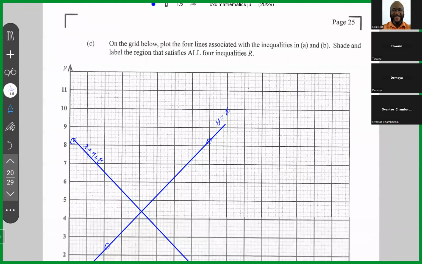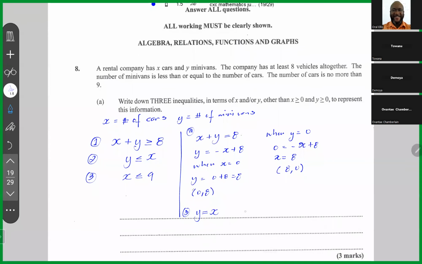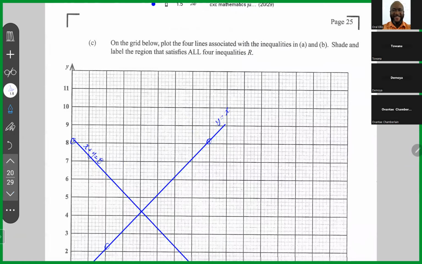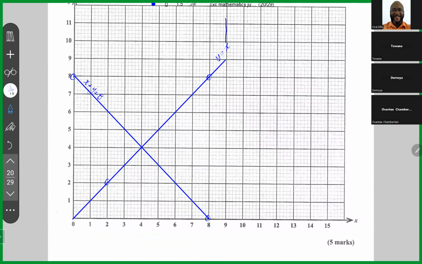The third inequality is x is less than or equal to 9. The straight line associated with that inequality is x is equal to 9. So x is equal to 9 is a vertical line. So this is the line x is equal to 9.